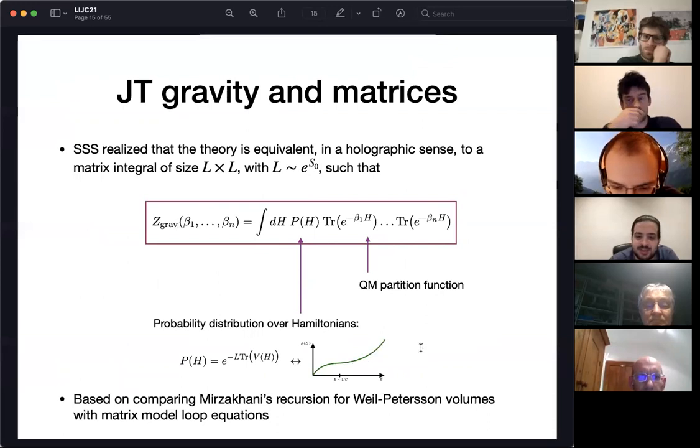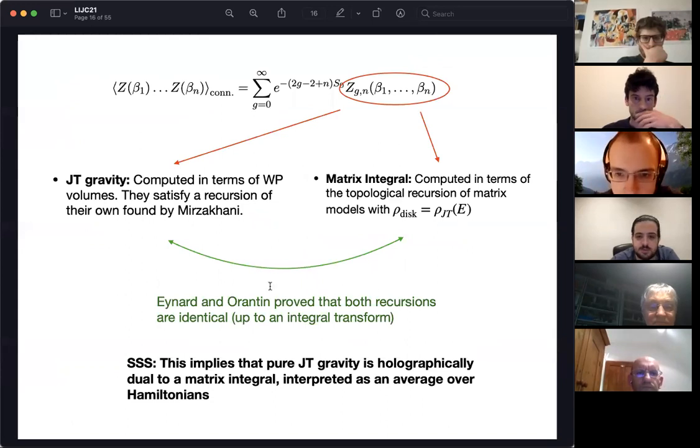I mean, let's say you regularize the double scaling limit, then you compute V of H, and then you take the double scaling limit. And the amazing thing is that this path integral of Jackiw-Teitelboim gravity is the same as the input that you need for the Mirzakhani recursion of the volumes. That was in this paper.